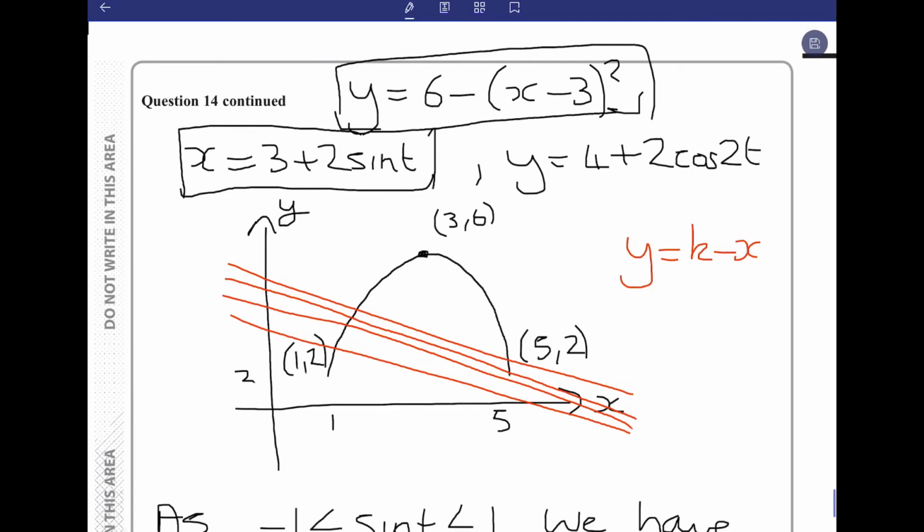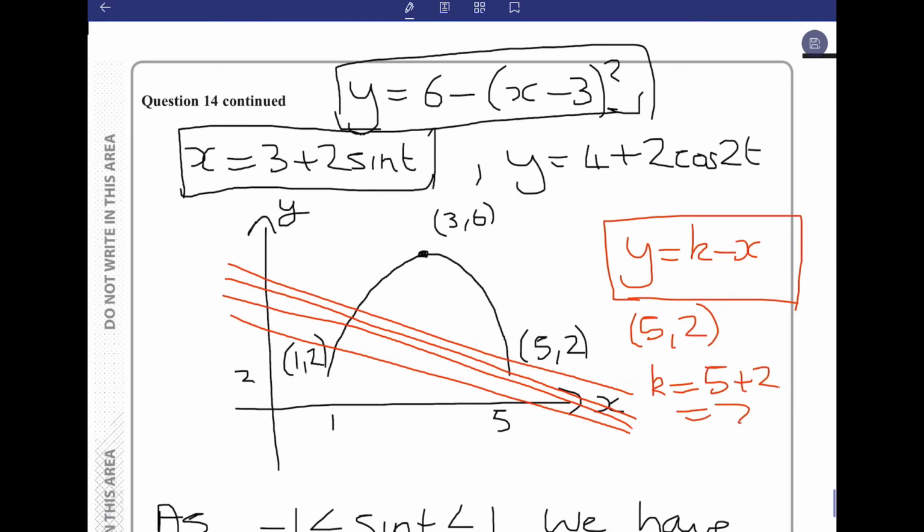So values of k for which this line intersects the curve twice have to come from values of x which are bigger than 5. But for the minimum value of k, we use this point 5,2. So k equals x plus y, which is 5 plus 2, which equals 7.